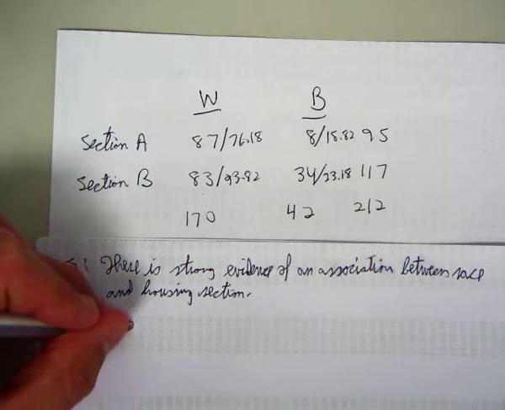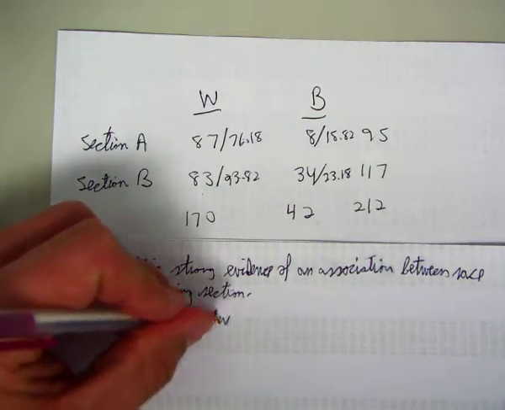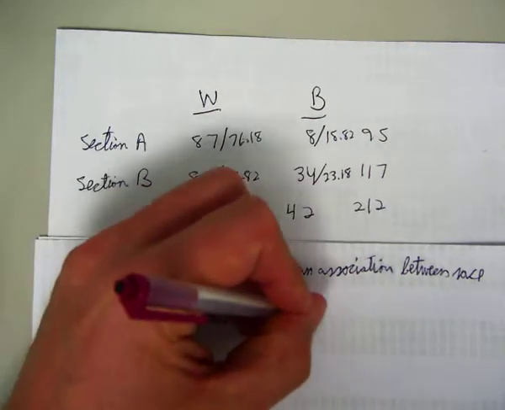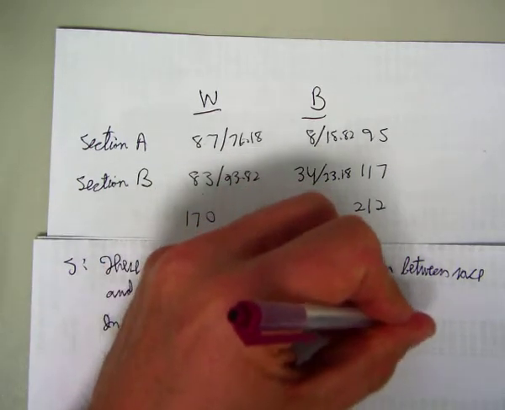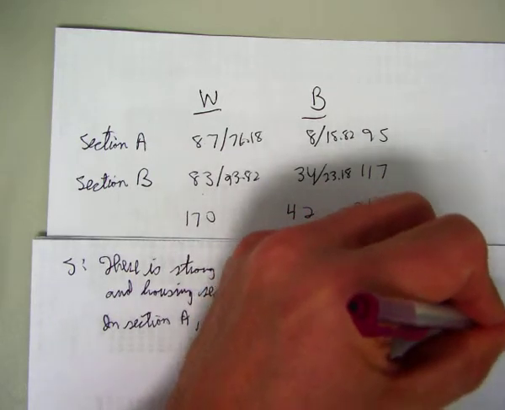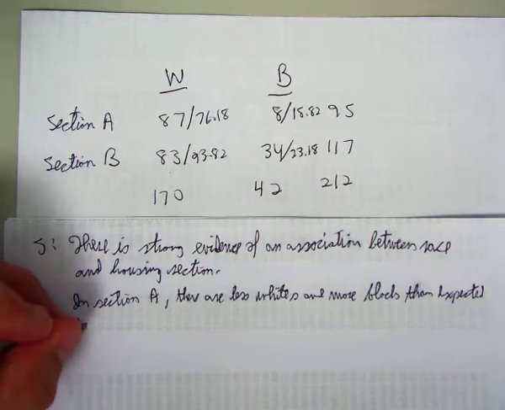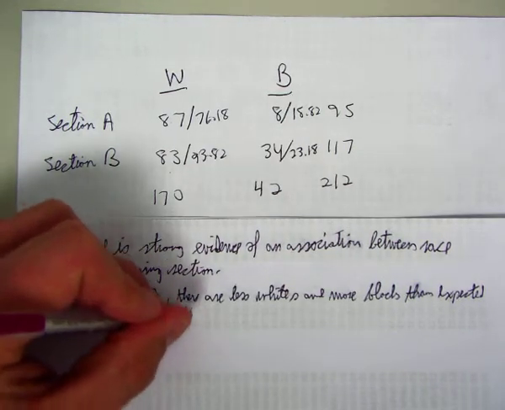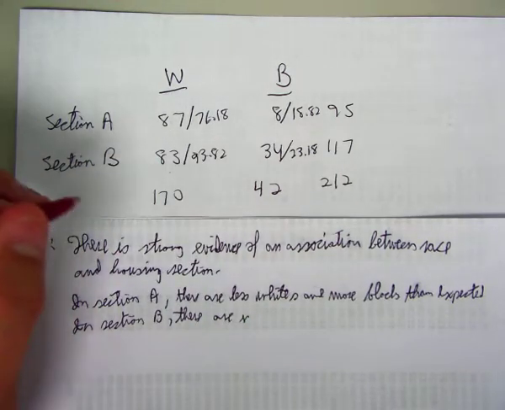In section A, there are less whites and more black than expected. And in section B, there are more.